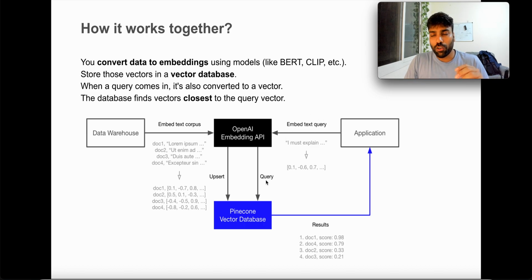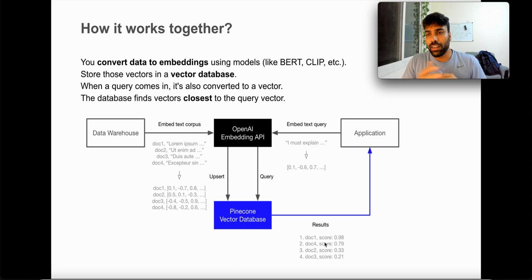That query would again be converted to an embedding by calling the OpenAI embedding API. It will create the embeddings for that query, and then that embedding will be used to query the Pinecone vector DB to fetch the similar kind of embeddings from the vector DB.